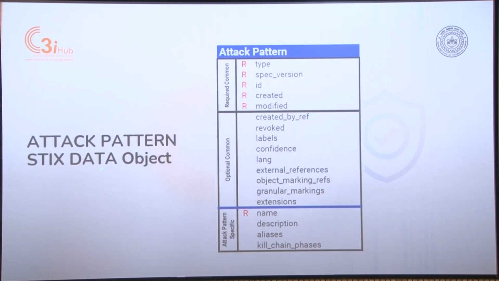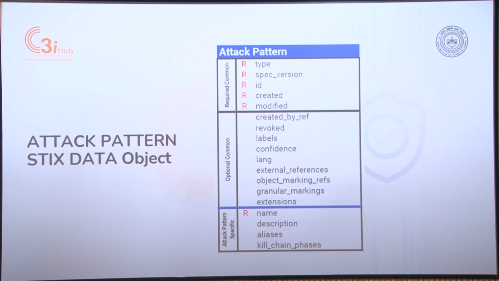So, here is what the attack pattern object requires. If I want to describe an attack pattern, I can describe it with these attributes, and I have to give the values of these attributes.